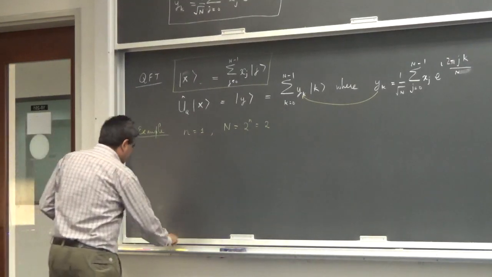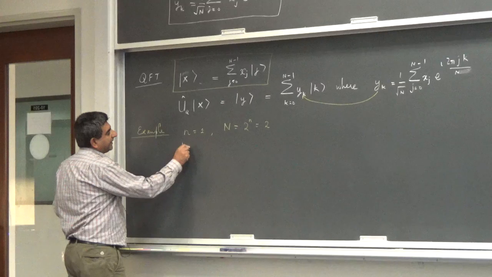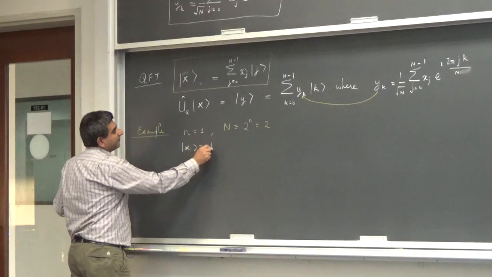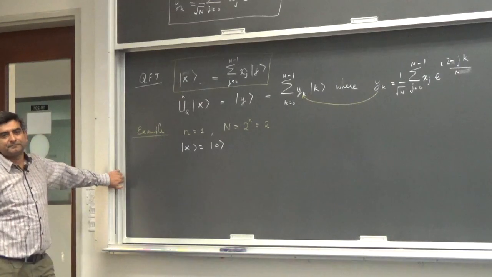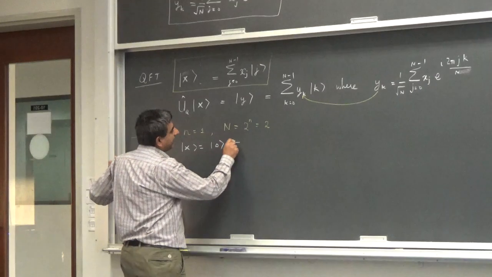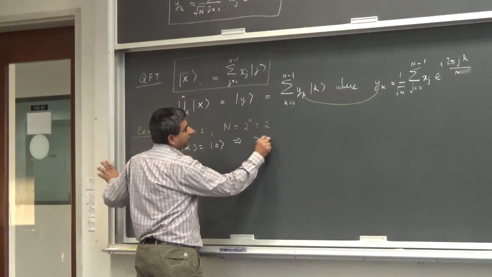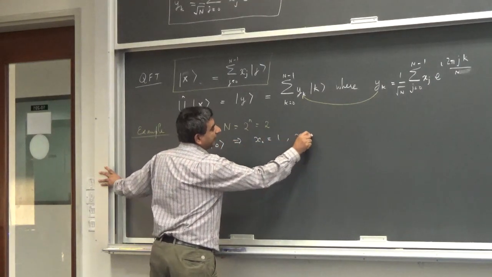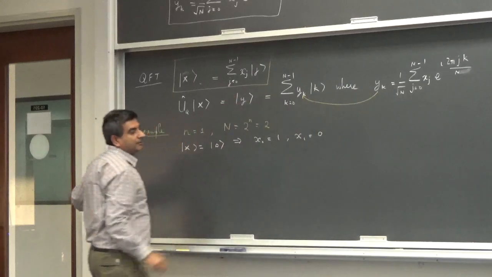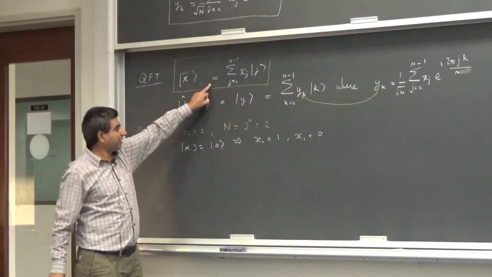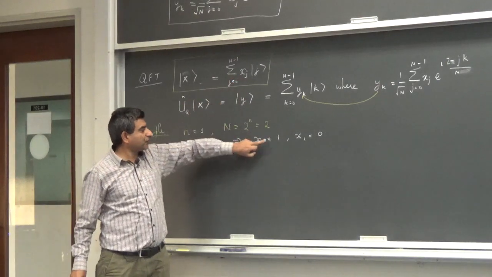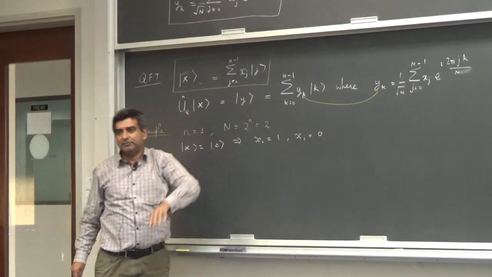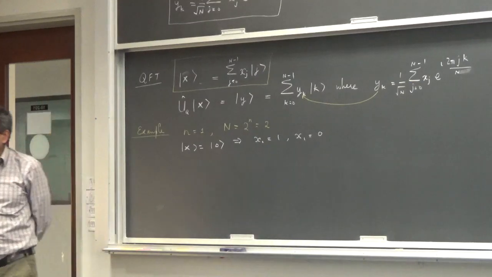And I also suppose that my initial vector, ket x, is simply ket 0. This means that my x0 is 1 and my x1 is 0. So just look here, my ket x can be expanded and the probability amplitudes are x0 is 1 and x1 is 0. Got it?